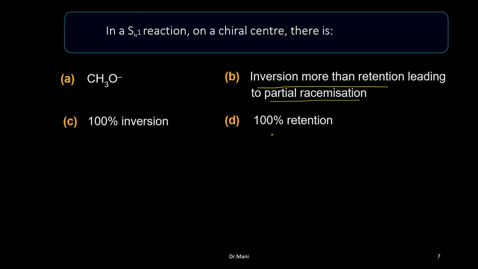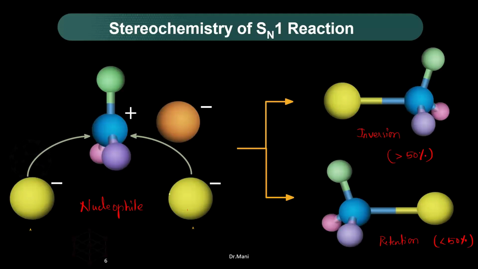Remember here, what's happening. There is a chance to attack from the top and to attack from the bottom. If it attacks from the top, that would give retention, but it is slightly lesser.